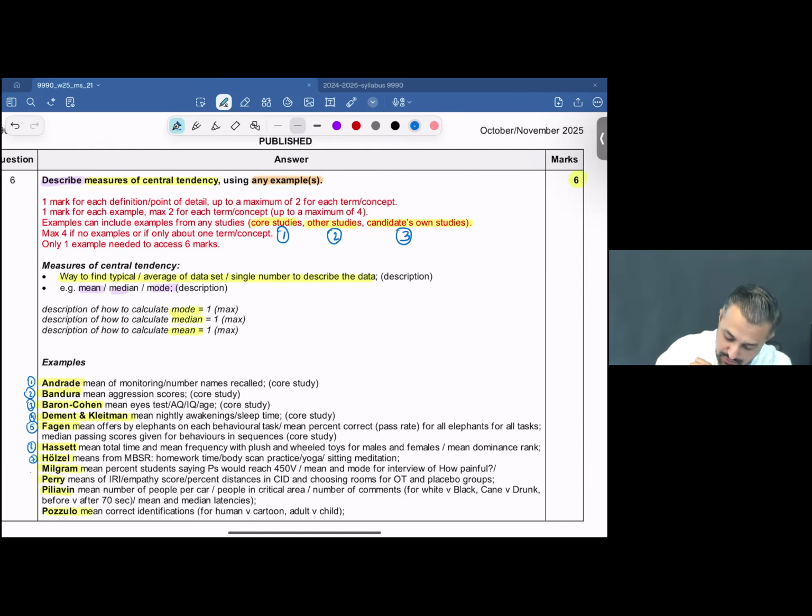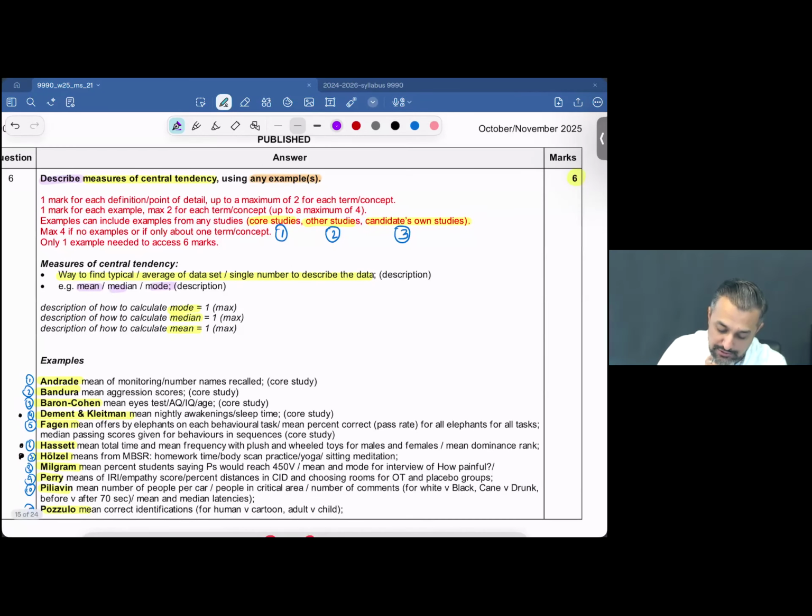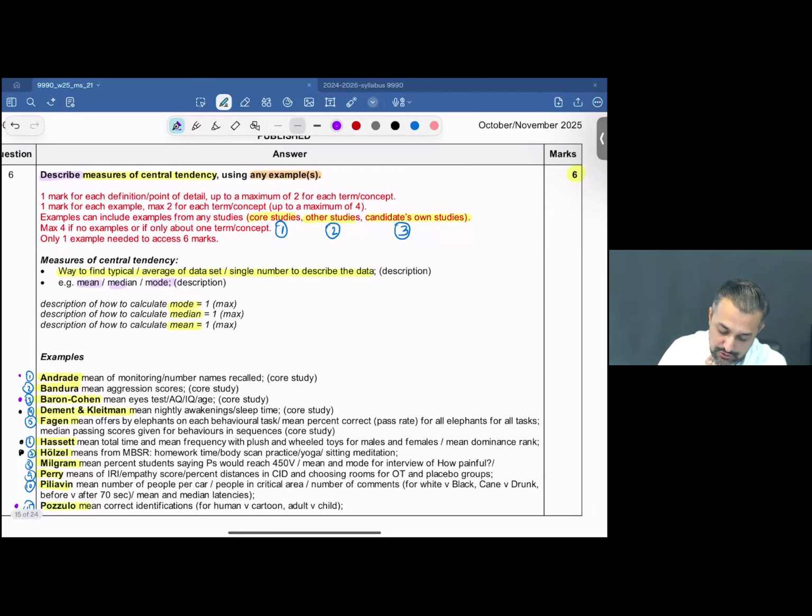If we try figuring out the studies from the biological approach, we have Dementia treatment, Holzel, and Hassett. If we talk about studies from the cognitive approach, we have Baron Cohen, Pozzulo, and Andrade.